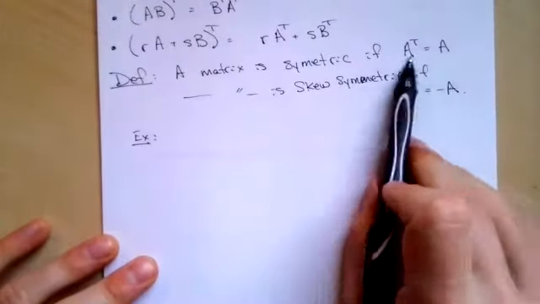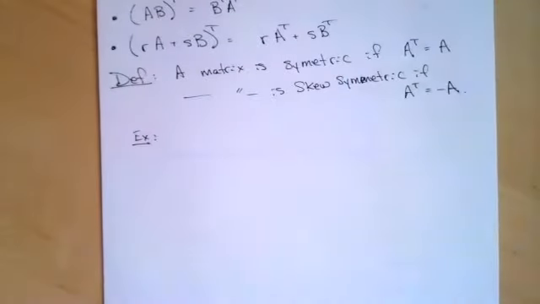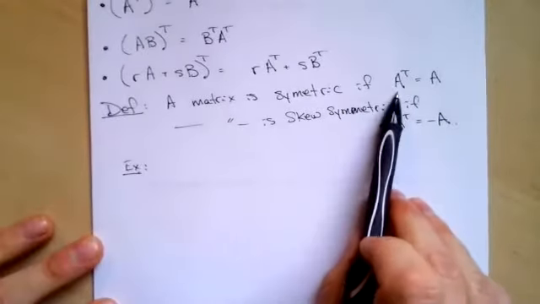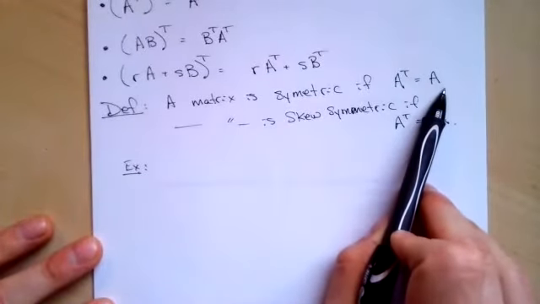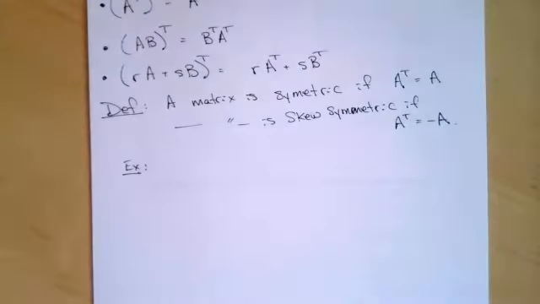So if A transpose equals A, one thing we just saw in the previous example, when we are computing a transpose, the diagonal entries actually don't change, right? If I flip the position 1, 1, it'll go to position 1, 1. Position 2, 2 stays in position 2, 2. So if I have a transpose that is equal to itself, the matrix has to be square. Otherwise, the dimensions will get switched.